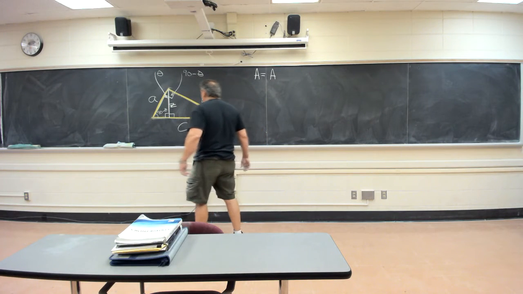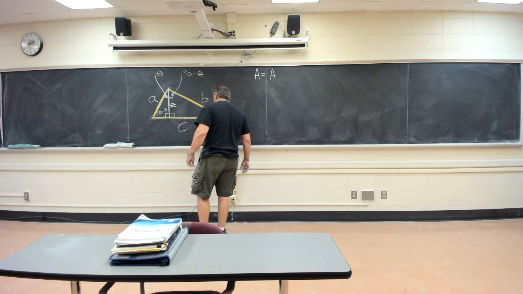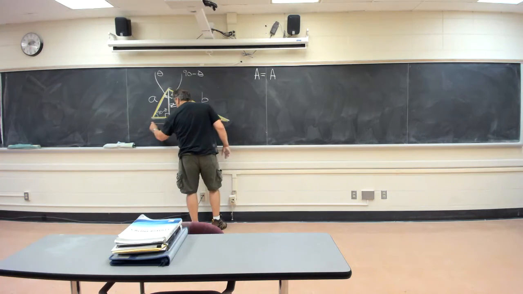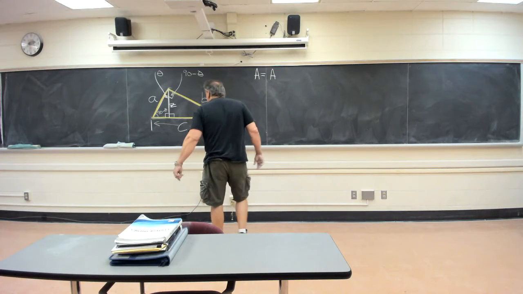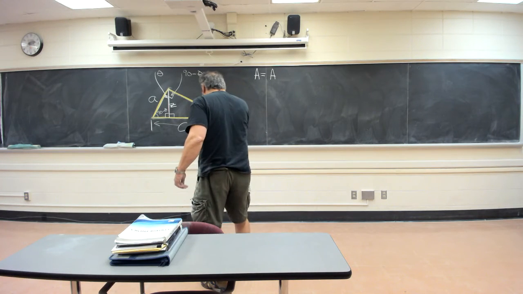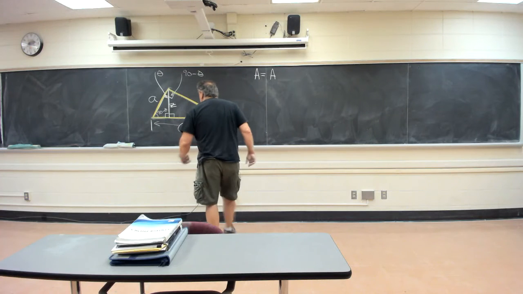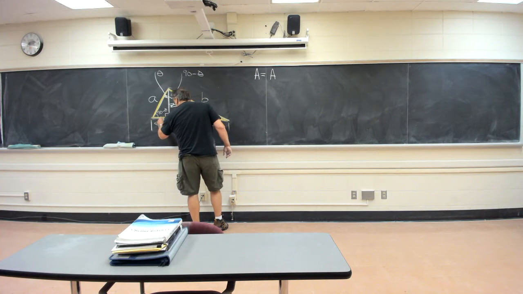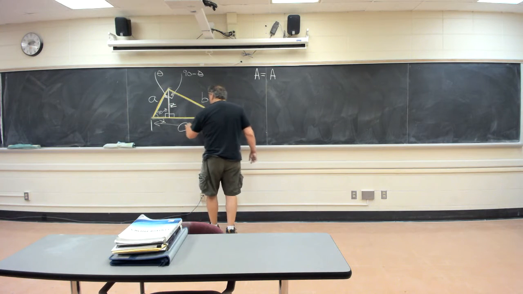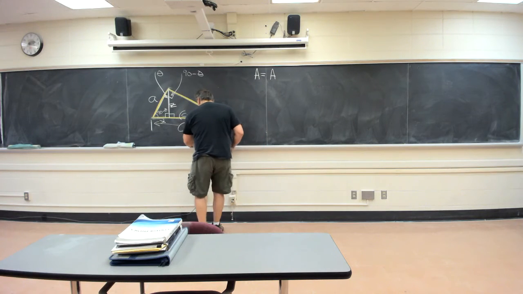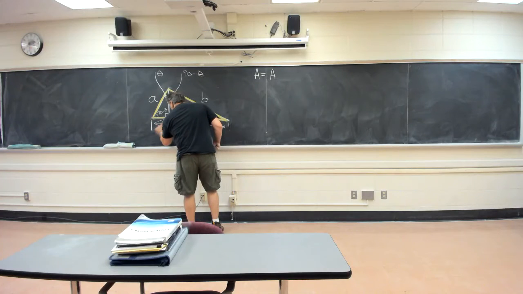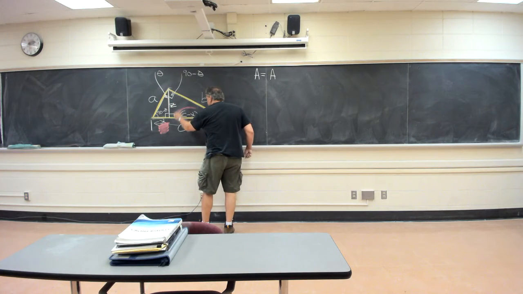We could say this: there's a side here where the whole thing is C. We could call this side right here X, and we'll call this side right here C minus X. So right here, that's X.